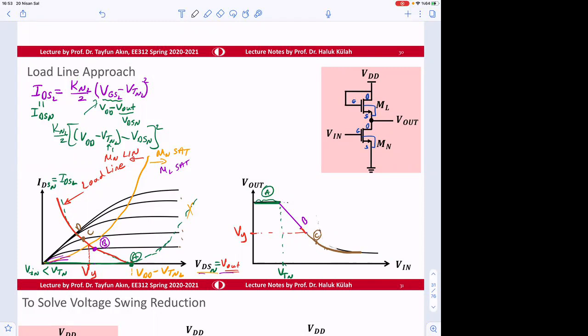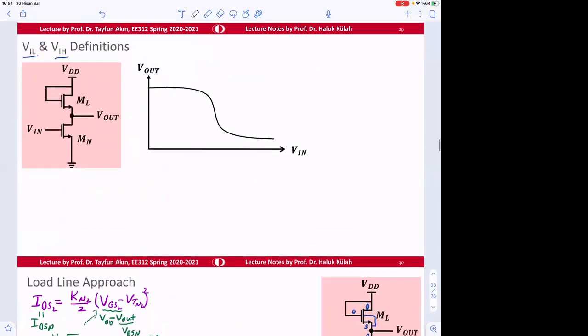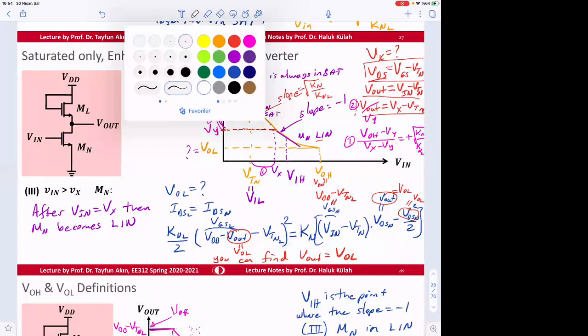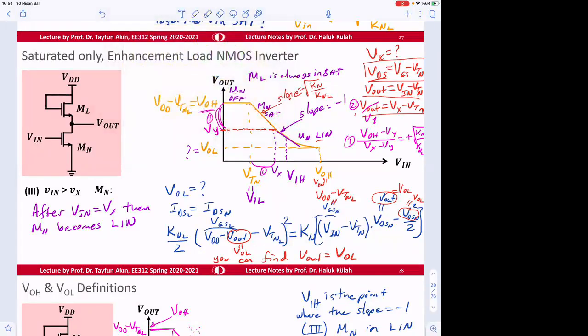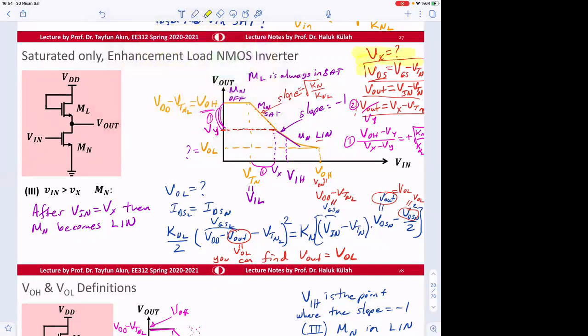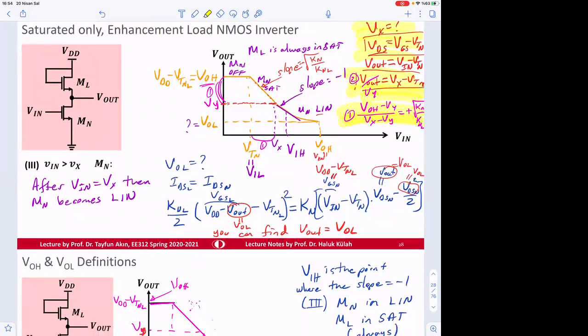Hocam, at which point does it go to linear? I mean, you can find that out as we discussed here. From this, you can find that value. Okay, we discussed that before.